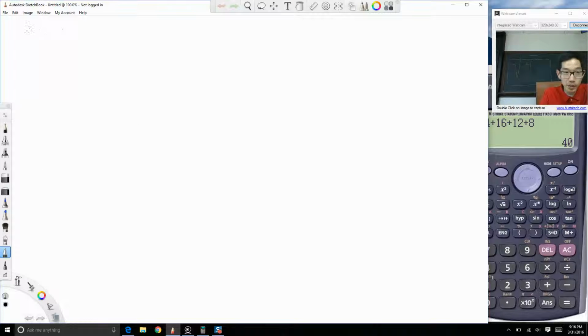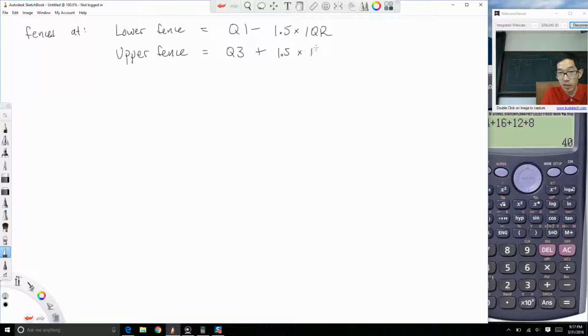Okay, so we set up fences at 2 locations. We have the lower fence and the upper fence. The lower fence is Q1 minus 1.5 times the IQR, and the upper fence is equal to Q3 plus 1.5 times the IQR.